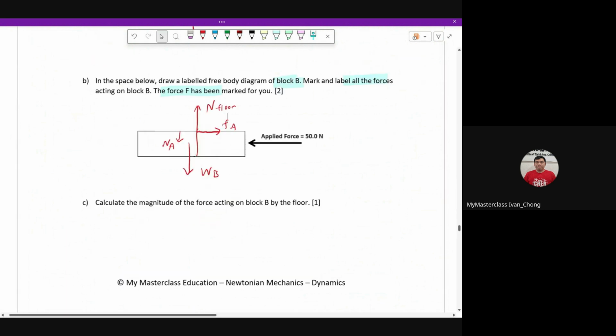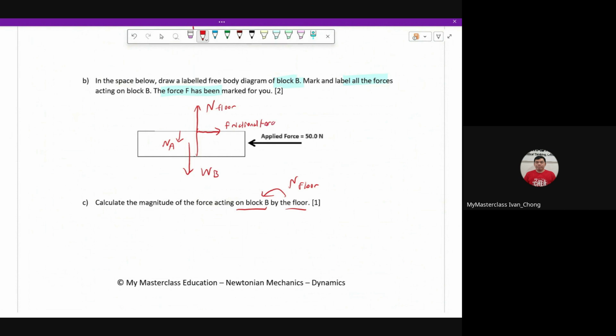Okay, now, what's the magnitude of the force acting on block B by the floor? So this is actually the end of the floor. Okay, so take note, because they want you to label all the forces carefully, you should use words to explain.